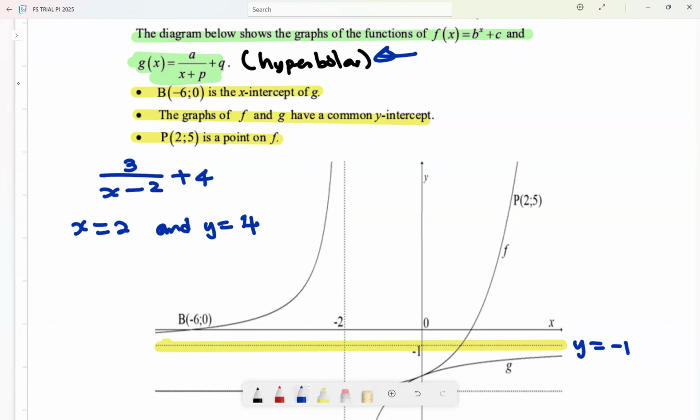Okay, can you see? Remember, this is the same as x minus p, plus q. So can you see that when p is minus on the formula, the equation of the asymptote x is equal to something is going to be positive.